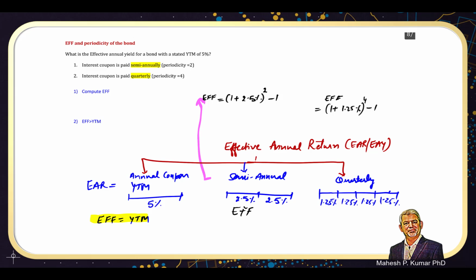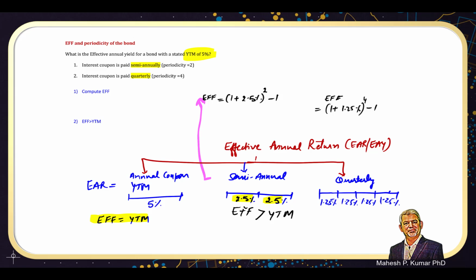So effective would be greater than YTM. How come this happens? Because this bond, for example, has a YTM of 5%. Now this is effectively 2.5% for the first semi-annual period, and 2.5% for the second semi-annual period.